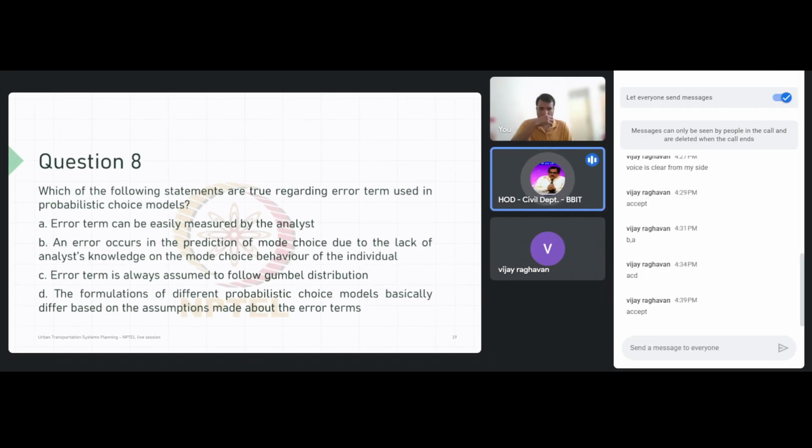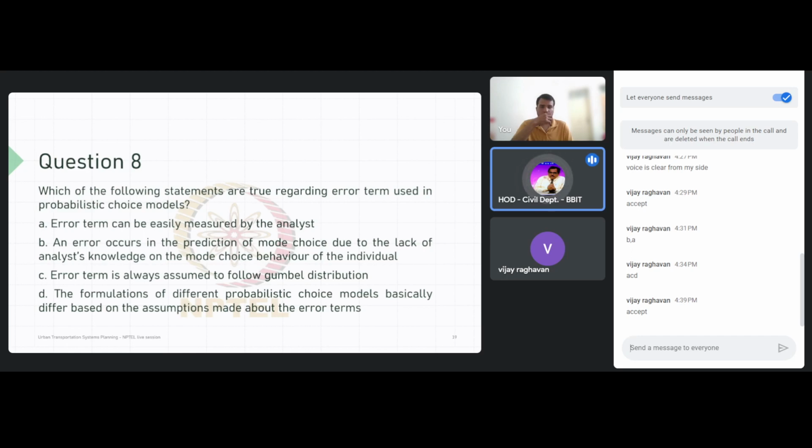Sir, can I explain? A is not a correct statement because it cannot be easily measured. It cannot be easily predicted. That's why it is a probability. Second one is 100% correct because it is the data. Since this is the error we are calling this, since this is due to the lack of the analyst's knowledge, that's why this error is always occurring.